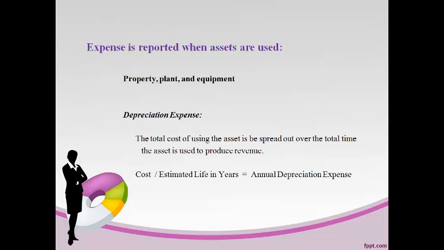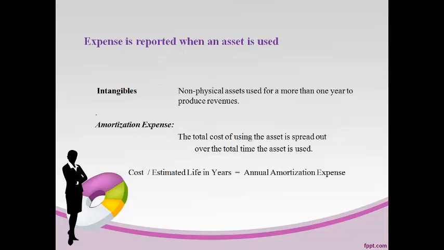Expenses are also reported when an asset is used regardless of when the asset is paid for. The use of property, plant, and equipment is reported on the income statement as depreciation expense. The amount is the estimated cost of using the asset during the period. The cost of using intangible assets is reported on the income statement as amortization expense.